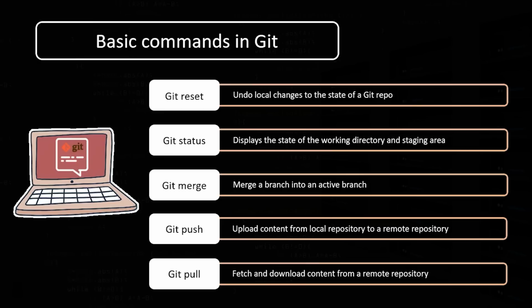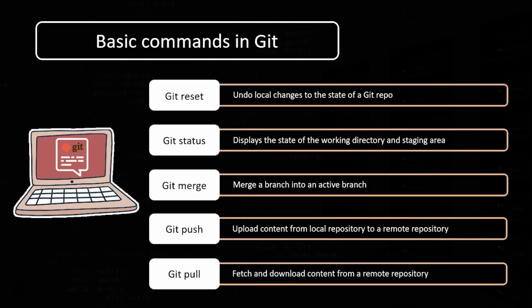So at frequent intervals you may have to pull the changes, or download some changes from the remote repository. Once that is done, those changes will be pulled down, and you will be able to fetch and download the changes from the remote repository to your local repository.